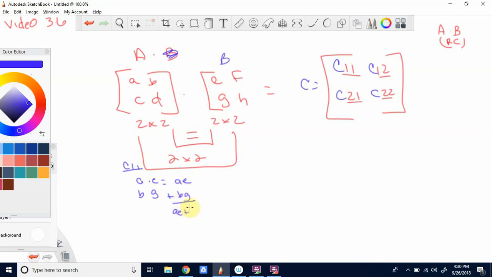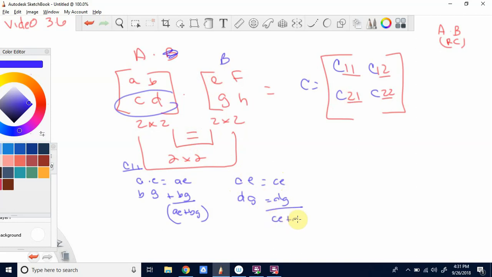So it's going to be AE plus BG. This is going to go in C11. Then we're going to take the second column, and we're going to do C and D times E and G, CE, DG.